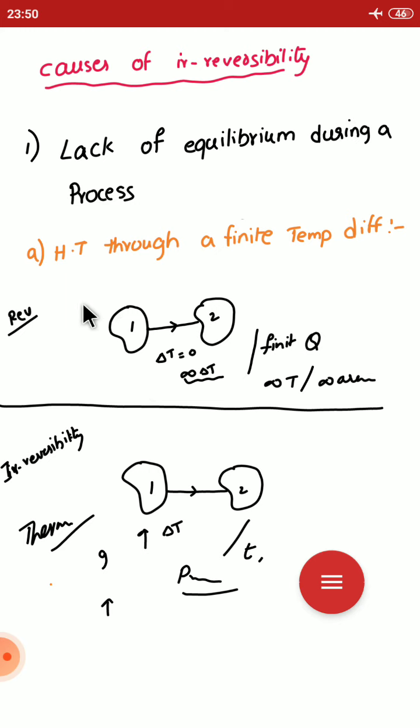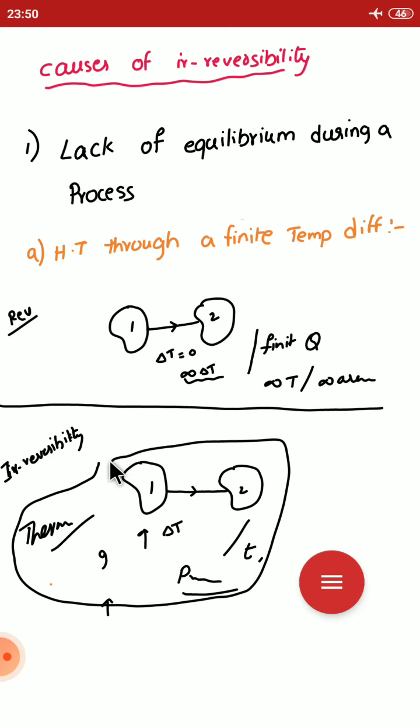Wherever a lack of thermal equilibrium is present, there is heat transfer, which comes under the case of heat transfer through a finite temperature difference.